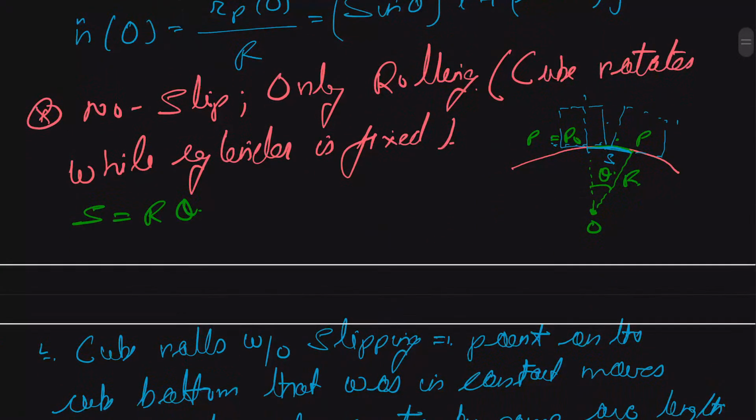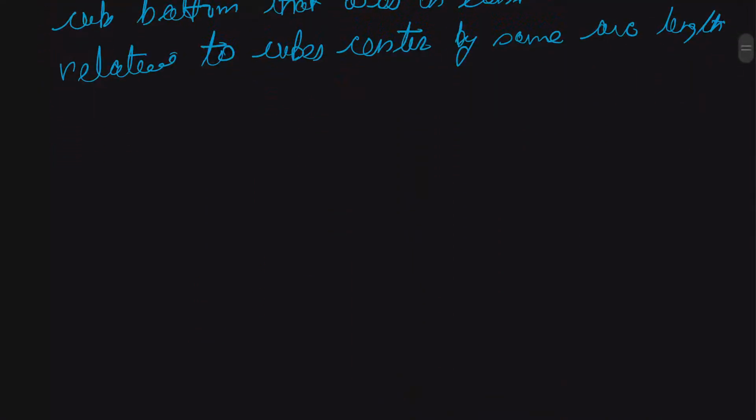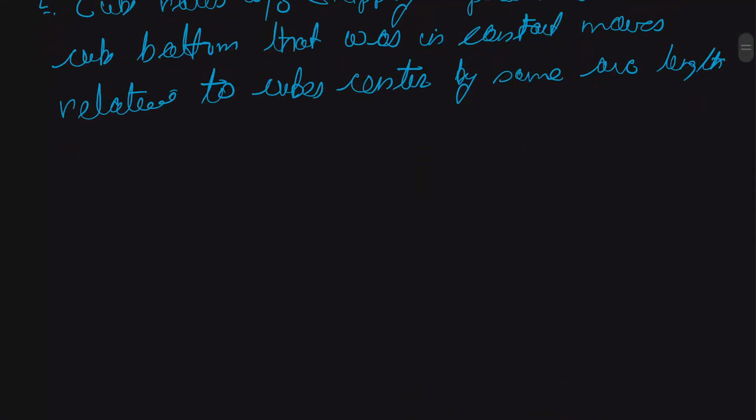So like I said, this was the center of the cube and now the center of the cube is here, so it is going to move through the same arc length as the point P, from P0 to P. And we know that the side of the cube is L, so the linear displacement will be L by 2.